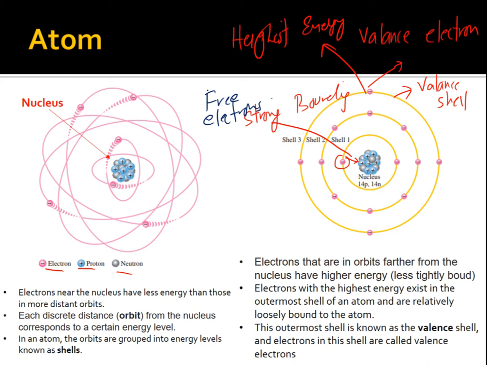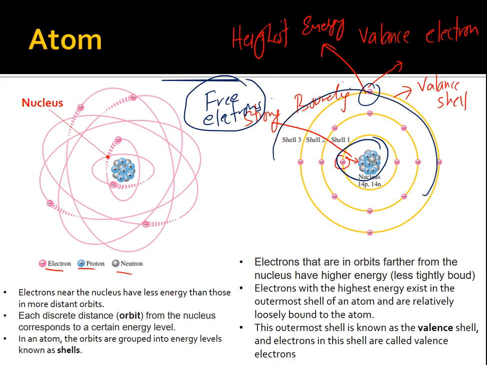To get free electrons, we have to remove electrons, meaning we want to remove the bonding of the electrons with the nucleus. Because the outermost shell has the lowest bonding, it's easier to release them from the valence shell.